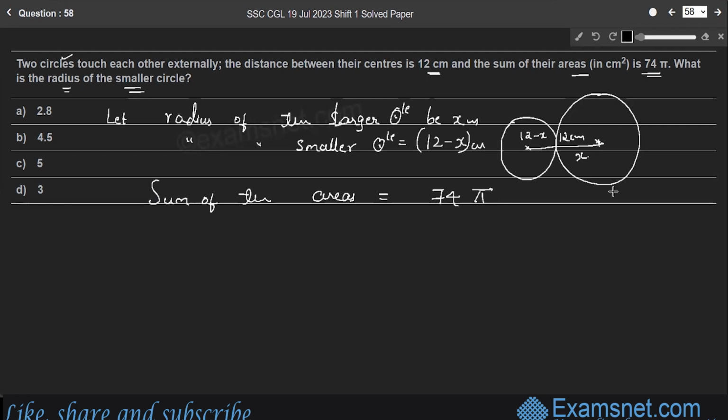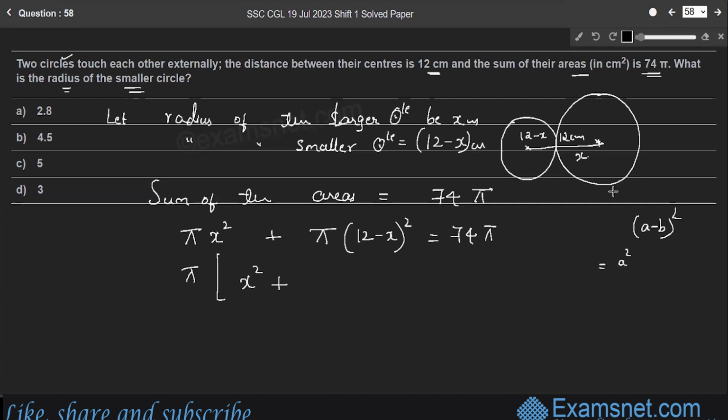So the formula says area of a circle is pi r square. So area of larger circle is pi into x square plus area of smaller circle is pi into 12 minus x the whole square is equal to 74 pi. Here we can take out pi as common. So it becomes x square plus 12 minus x whole square, which is in the form of a minus b whole square, so it is a square plus b square minus 2ab.